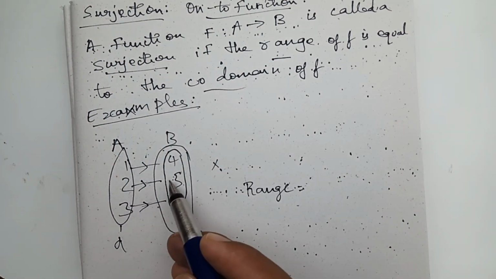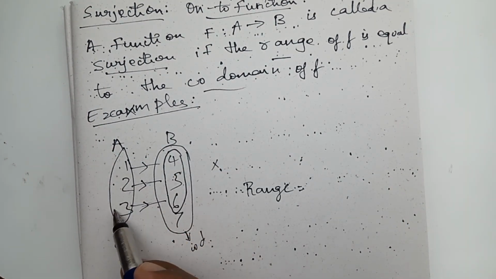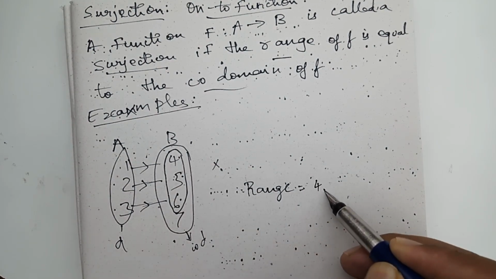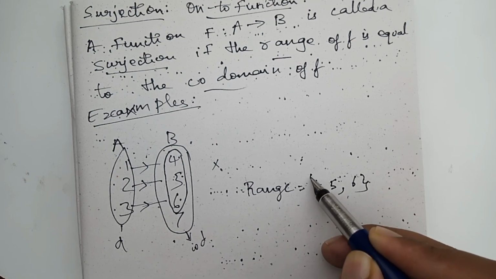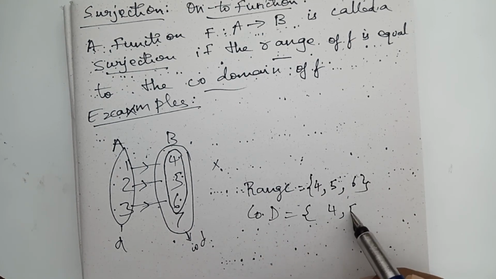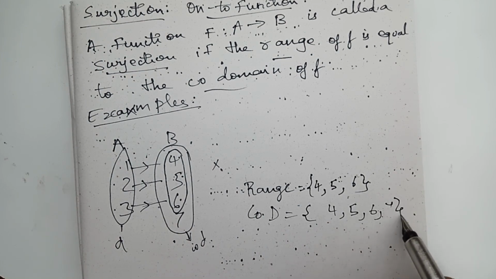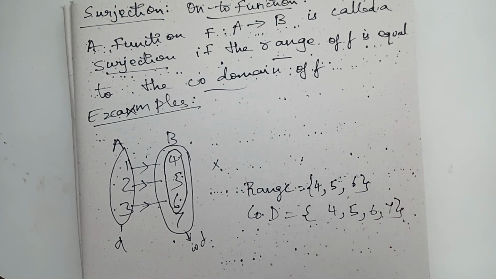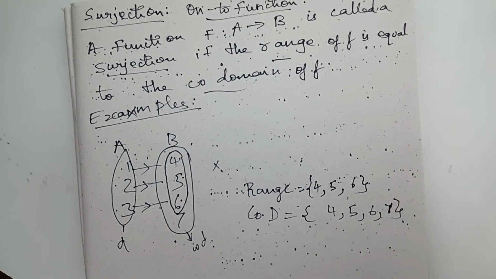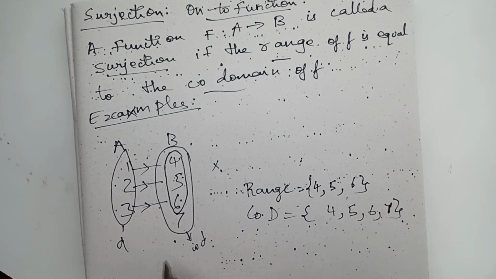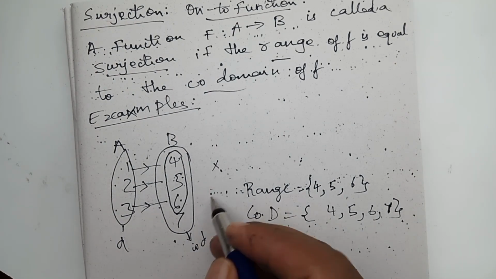So the images of the codomain are 1, 2, 3. That is, 4, 5, 6 is the range. But the codomain is 4, 5, 6, 7. So 7 is out of range. That's why it is not a surjection.